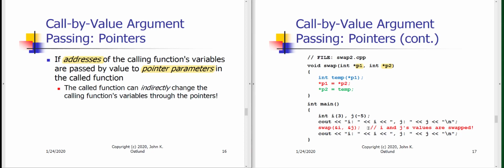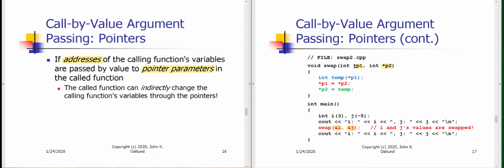So notice the change that we've made in main here on slide 17. We're passing the address of i as the first argument to swap and the address of j as the second argument to swap. That means that the parameters have to be declared to receive those addresses.